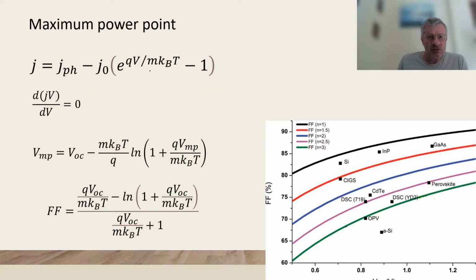So this term m comes into the current voltage curve of the solar cell under illumination, and by finding the minimum, we already discussed that this number determines the fill factor at a given VOC. The ideal number for the Boltzmann statistics is m equals 1, but at higher m, the fill factor is decreasing and the efficiency of the solar cell is decreasing.